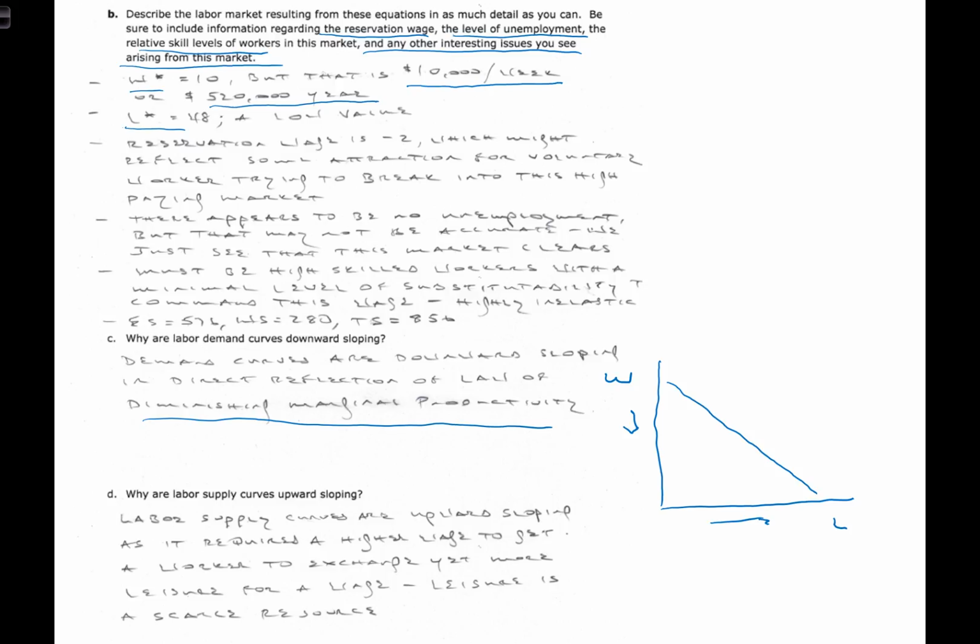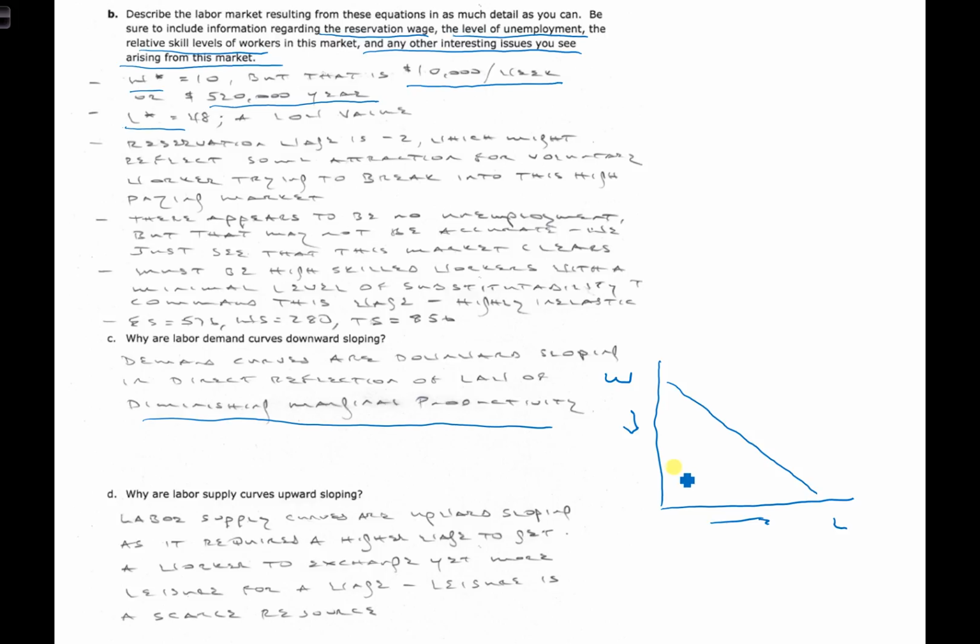Also, as the labor units decrease, or as labor hours decrease, what happens to the leisure hours? Well, they also increase. In fact, as labor hours are rising, then leisure hours are becoming increasingly scarce. As labor hours rise, leisure becomes increasingly scarce.